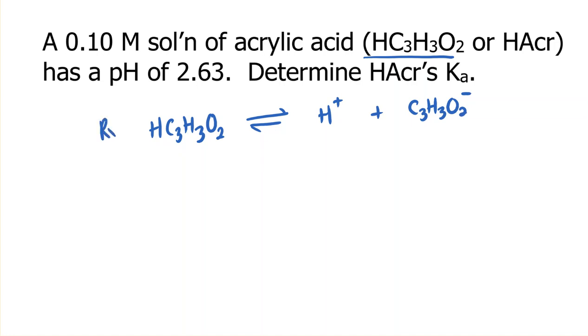So there's our reaction. For our initial, we're going to assume that it's not ionized at all yet. We're going to kind of pretend like this is all still intact. And then for the ions, then it's 0, because we're pretending like it hasn't ionized yet.